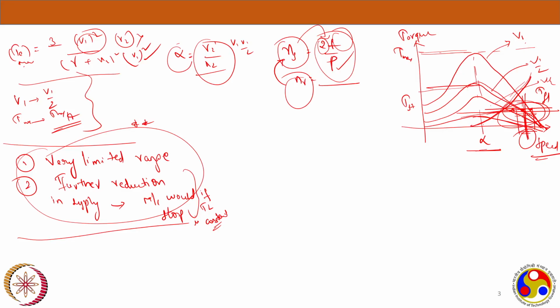Can anyone guess how we can achieve this variable frequency using power electronic converters? Any idea?